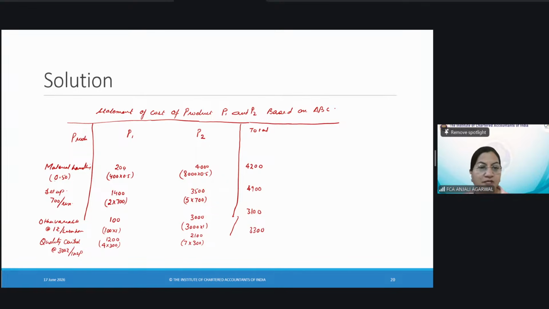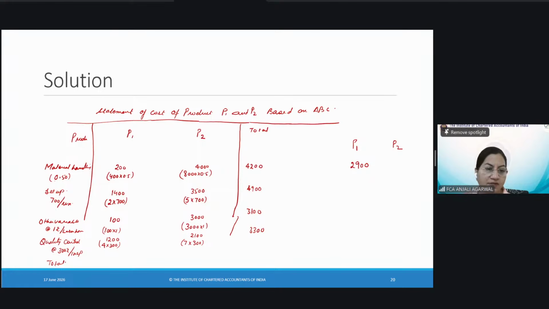Now, if you add up these costs, 200 plus 1,400, 1,600 plus 100, 1,700 and plus 1,200, 2,900. So the total cost of P1 is 2,900, not just 500, it is 2,900. Whereas the cost of P2, this you will continue here as a total.